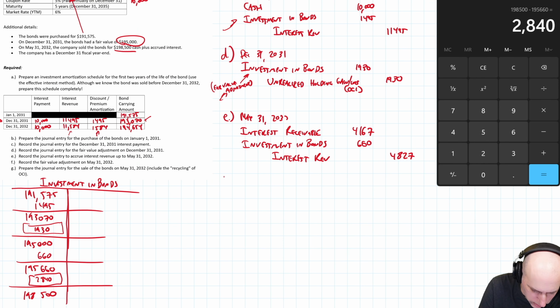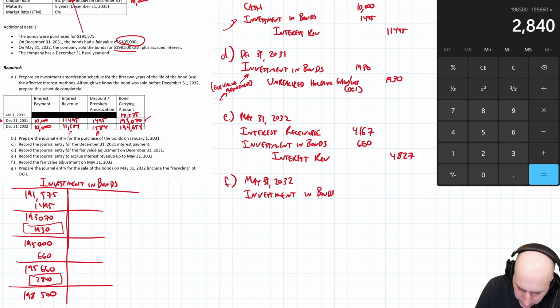So let's do that entry. This is F, fair value adjustment on May 31st, 2032. I debit investment in bonds for 2840.